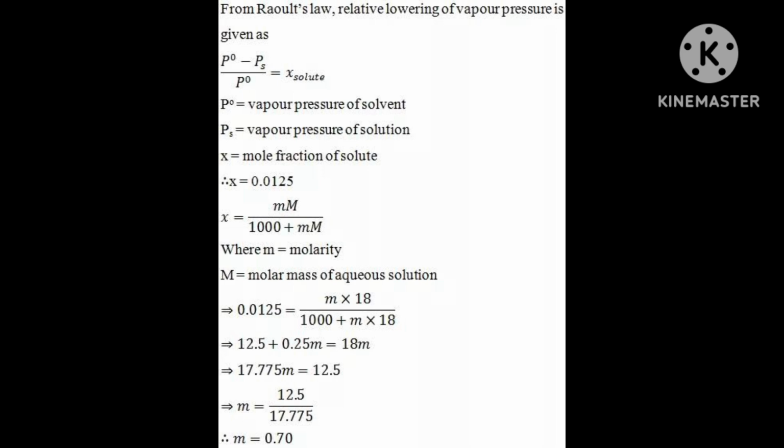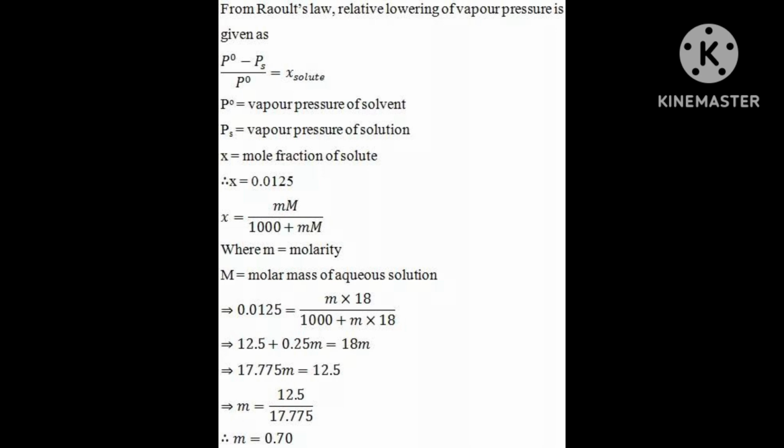Vapor pressure of the solvent is also given. Benzene is the solvent, it is given 0.850. Then the vapor pressure of the solution is also given, that is 0.845 bar. What is the molar mass of the solute?